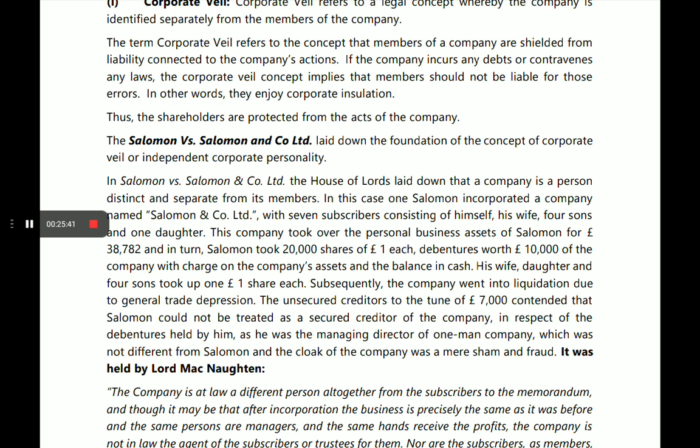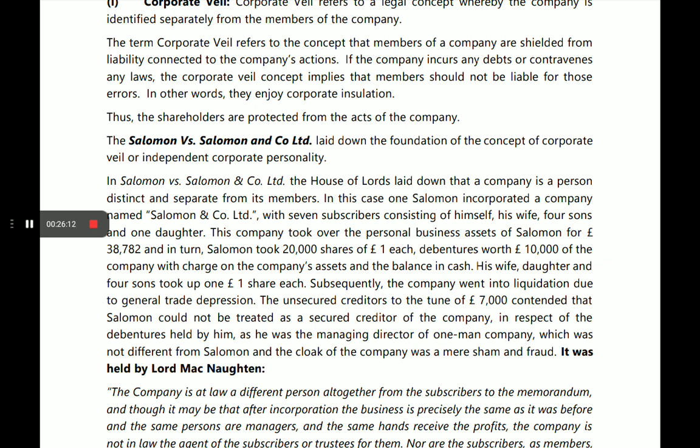His wife, his daughter and 4 sons took up £1 share each. Subsequently, the company went into liquidation due to general trade depression.